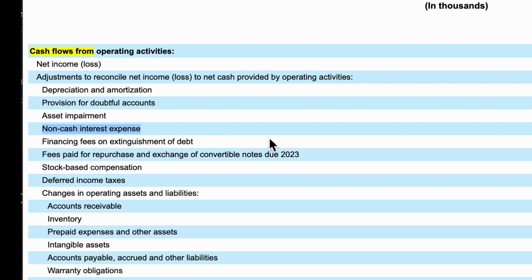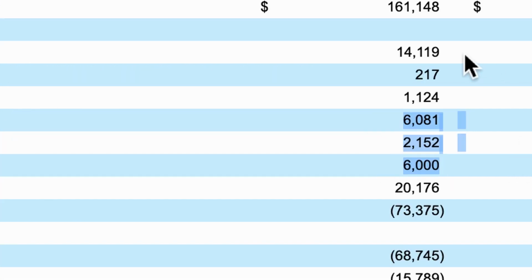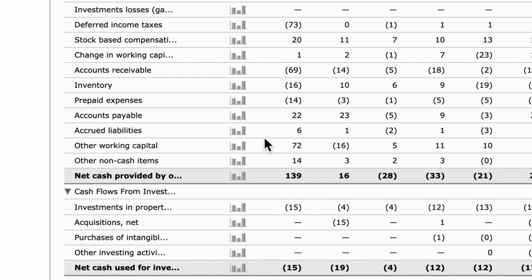And you can see here for non-interest expenses was $6,000. Financing fees on extinguishments of debt was $2,000, and fees paid for repurchasing of convertible notes due in 2023 was $6,000 as well. So if we add those together, that equals 14.